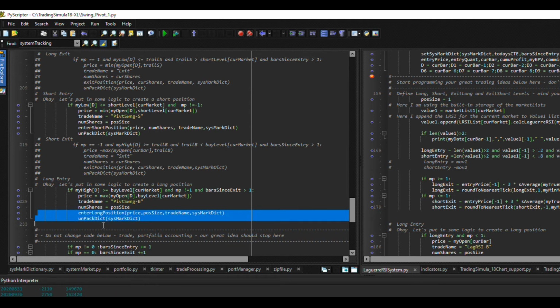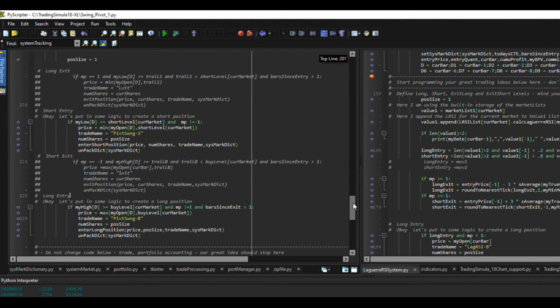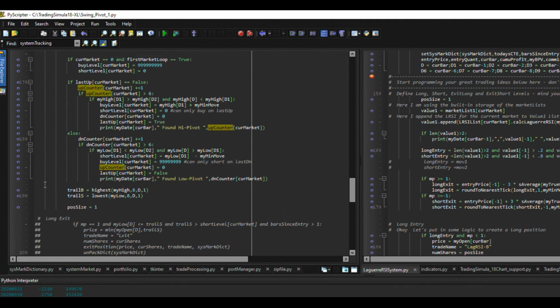Now, this algorithm also has, I'm going to go ahead and shut this down so we can plot the proper trades. This algorithm also uses a trailing stop mechanism of the last 8 bars. So my trail B and trail S, trail buy, will be the highest high of the last 8 bars.